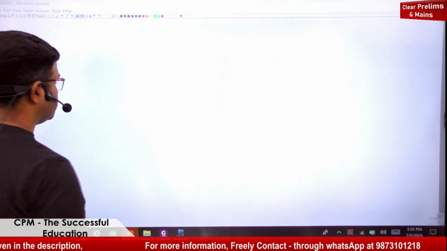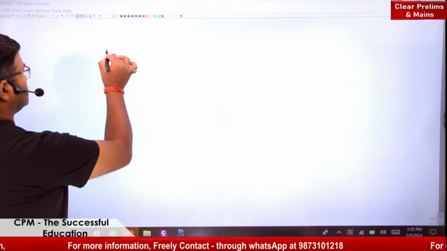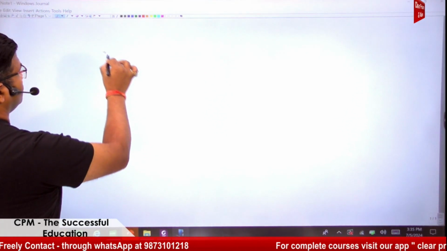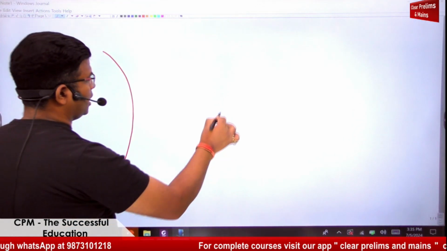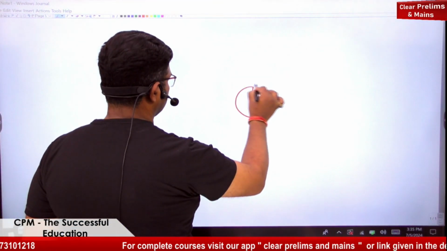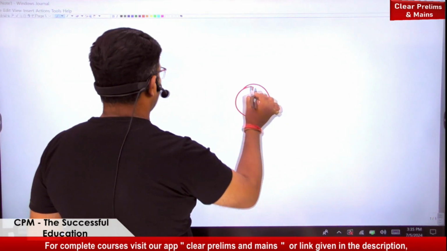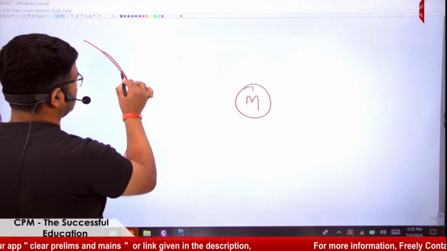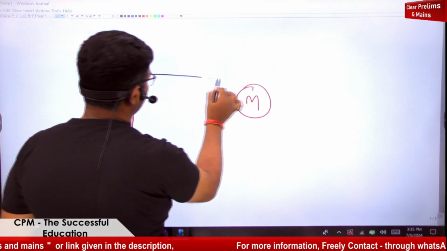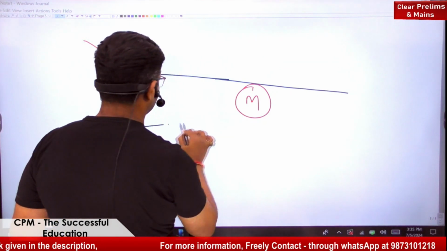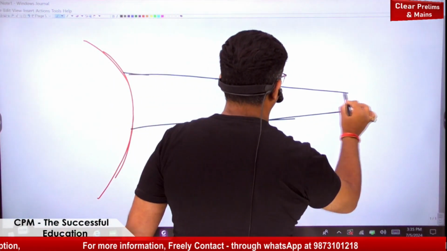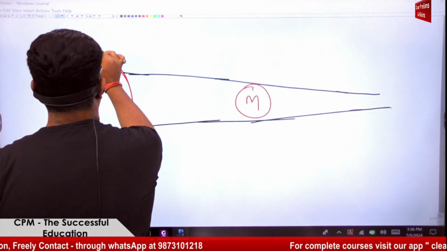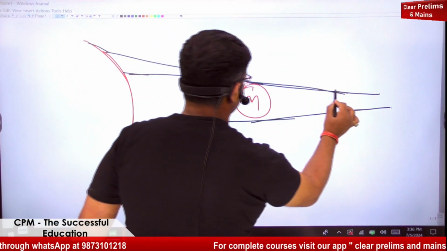We can see it like this. Suppose we have a sun here, and here we have a moon. The sun is giving its light, and these lights will go like this.